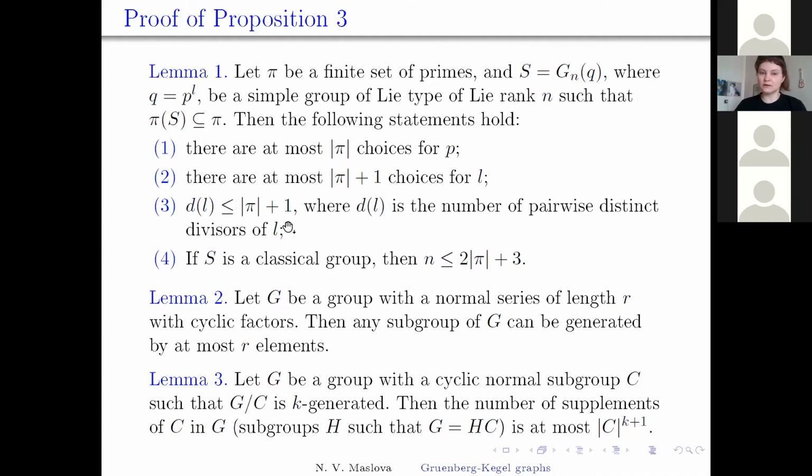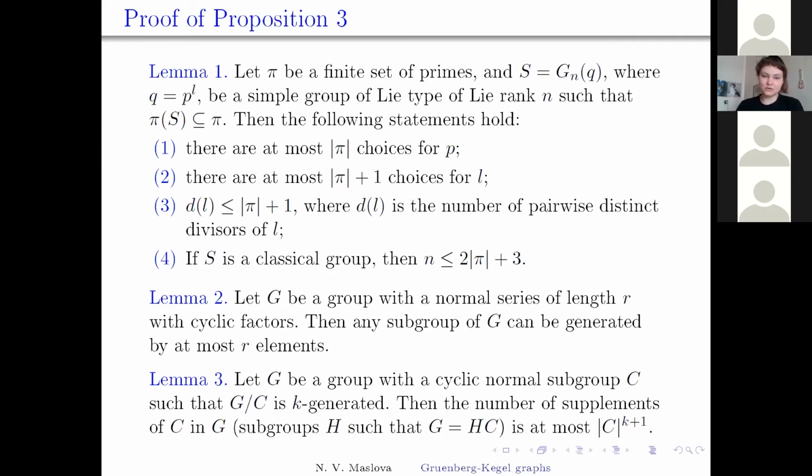This step is very important for our further proof. And if S is a classical group, then its rank is bounded by a linear function of the order of pi. And we need two group theoretical lemmas, but these are not very hard to prove, and you can try to do it as an exercise.